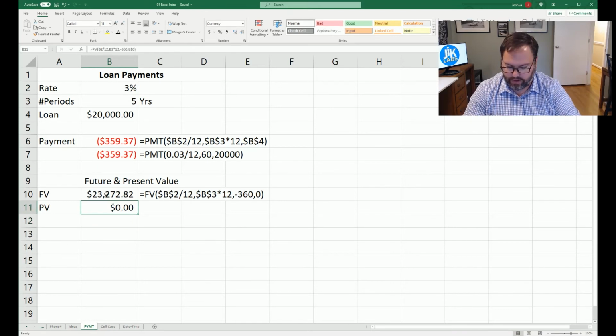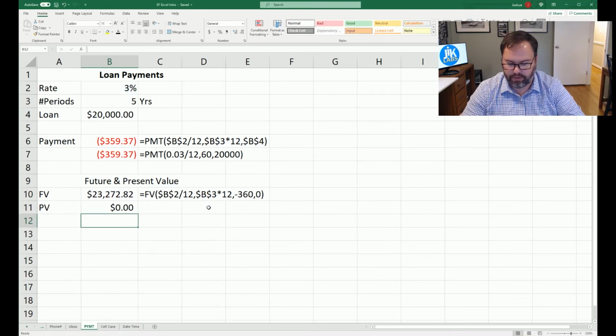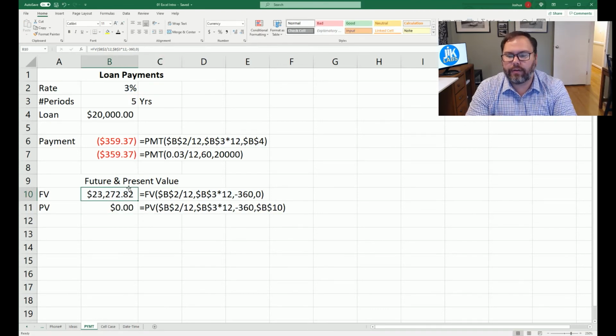Josh, why is that? Well, first, real quick, let's come in here and lock these cell references. Why does future value tell us 23,000 and change and present value is 0? Well, given the variables that we looked at, we are paying ourselves $360 a month for 5 years, every month, earning 3% annually.